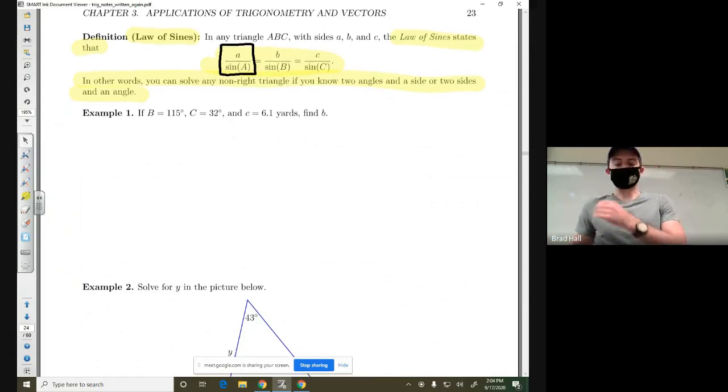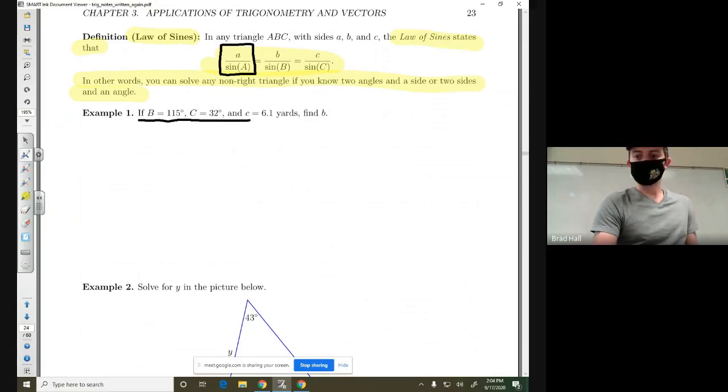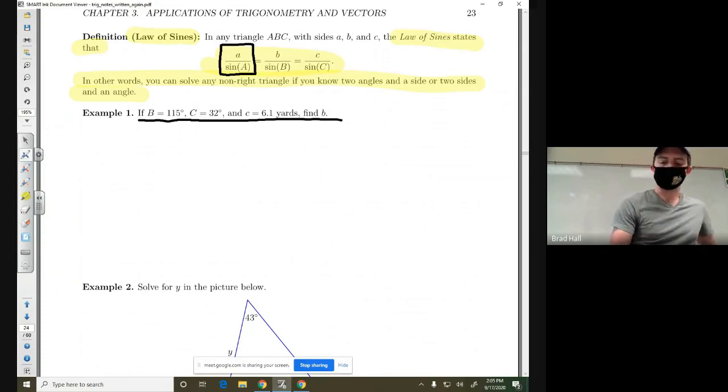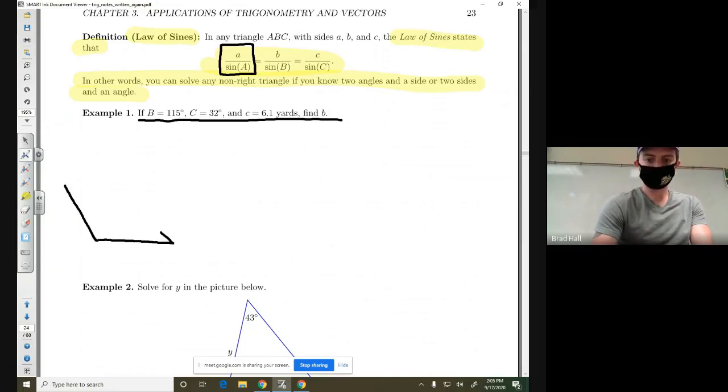With that being said, let's utilize the formula here, and given all this information, we're going to find little b. If we were to draw this out, we would see that this is not a right triangle. It's an obtuse triangle.